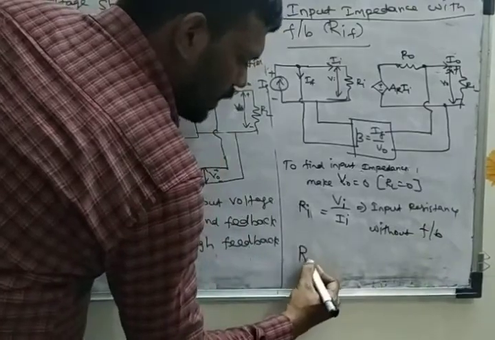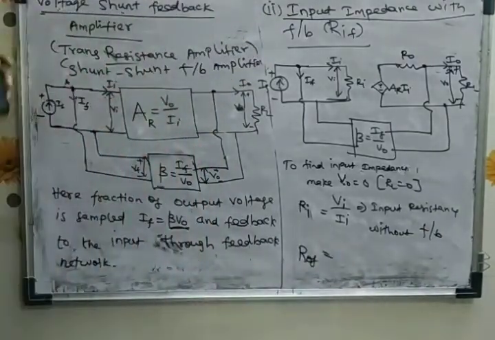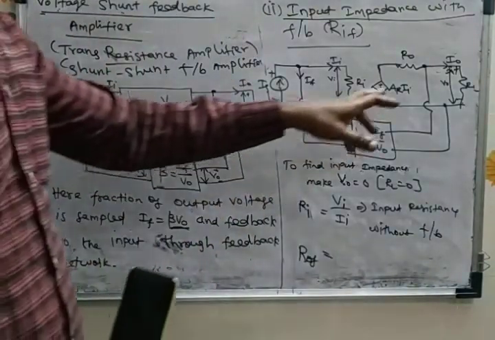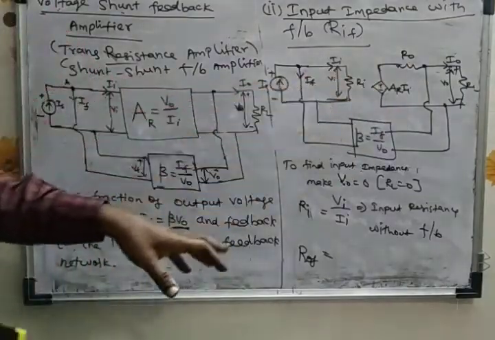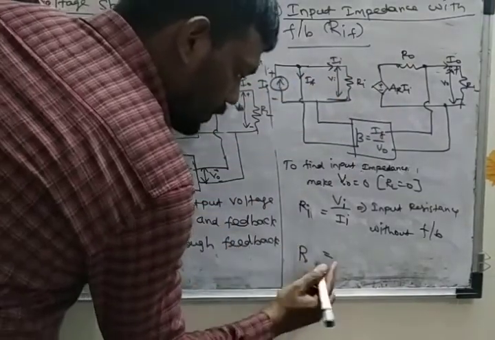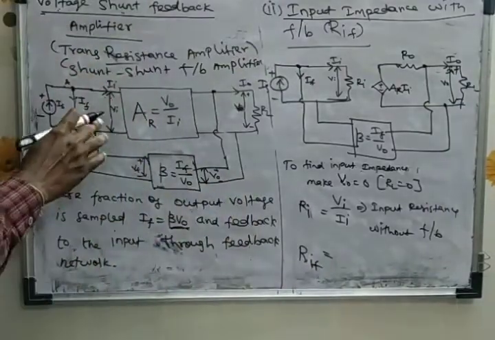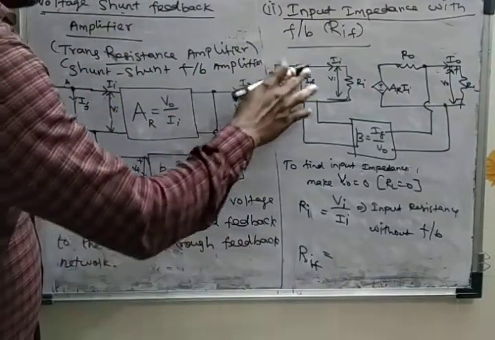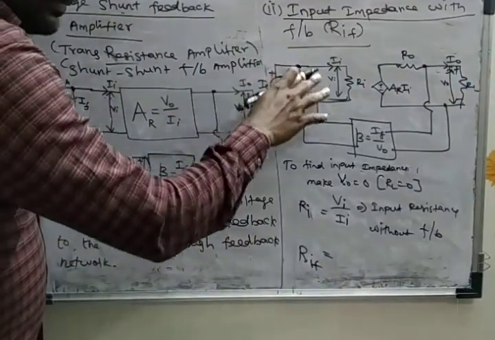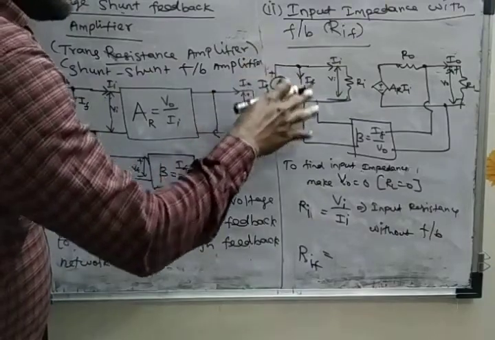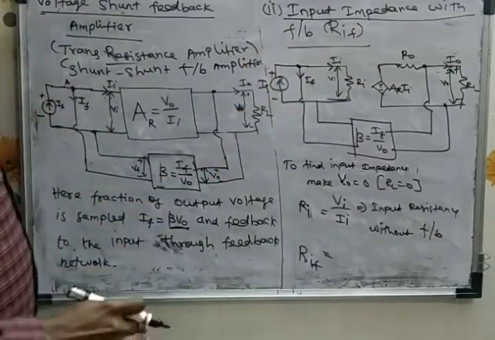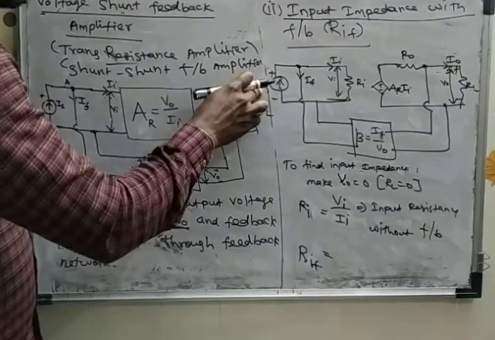Similarly, RIF is the input resistance with feedback, which means we include this current source also.